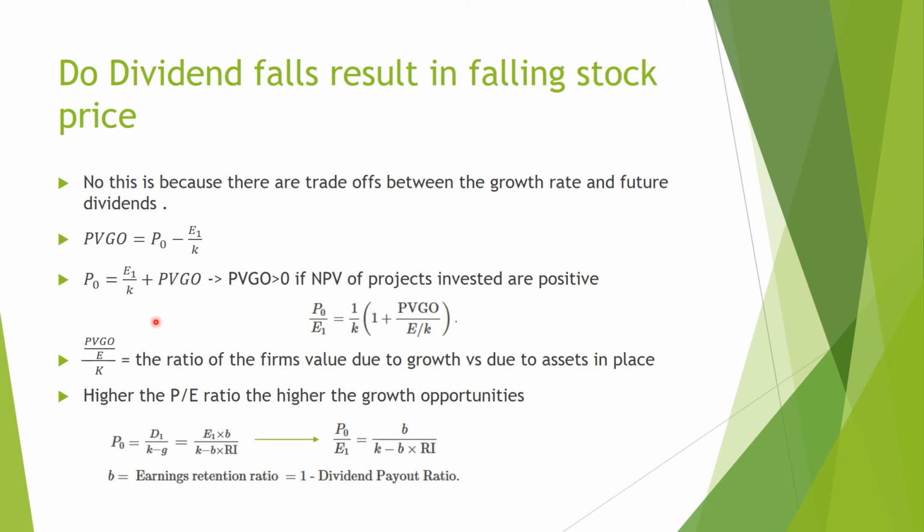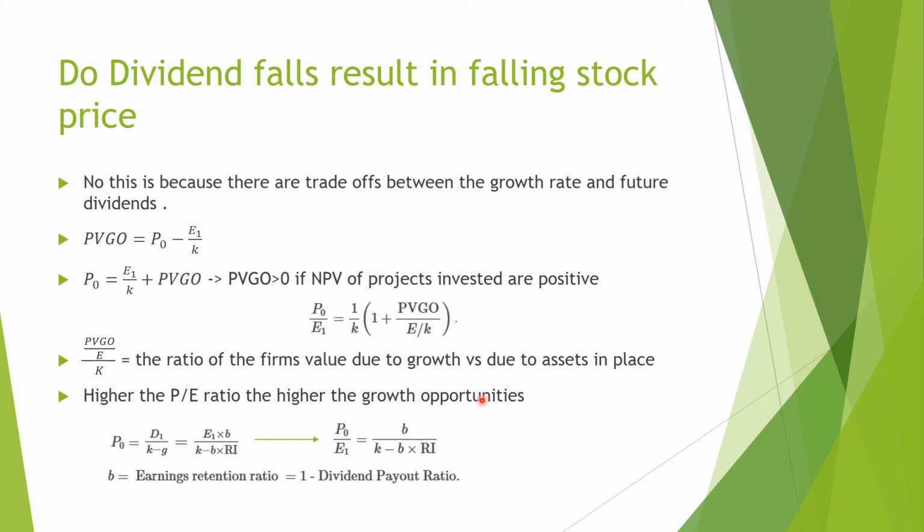One way investors can look at this is the PE ratio. That basically looks at the earnings of the firm divided by the required rate of return, plus the PVGO, which is the present value of growth. That is greater than 0 if the net present value of the projects invested in is positive, which is good for investors, because it shows that the firm is investing their money in the correct things to help them grow.